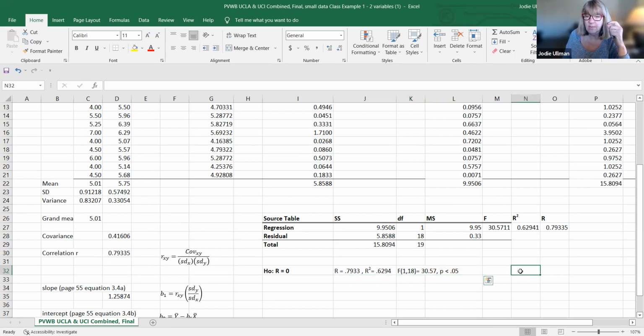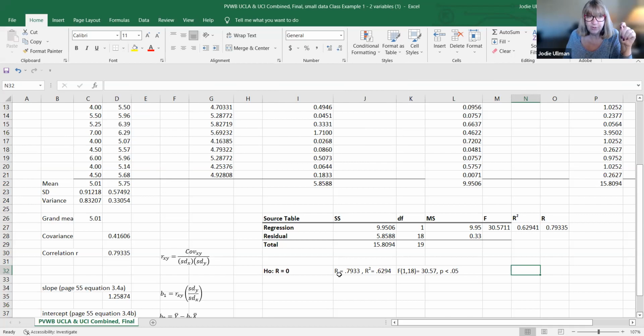And what some people get tripped up on is the idea that multiple R is 1 DV and 1 or more independent variables. So 1 DV and 1 or more predictors.